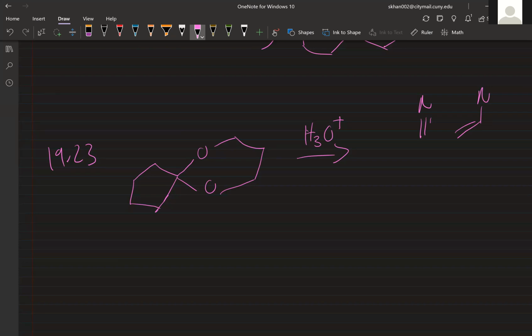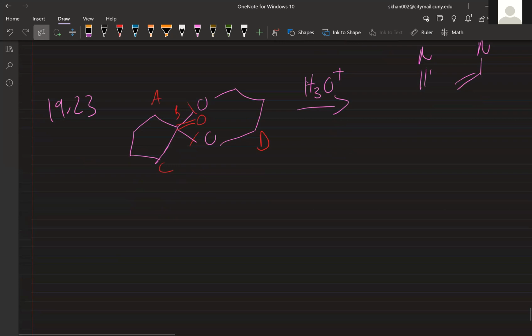So here, I'll label some carbons for y'all, and then you could tell me where the carbonyl originally was. So B. Does everyone agree? I think so, right? So if we were to draw this over this, this is where our carbonyl is. We cleave this.